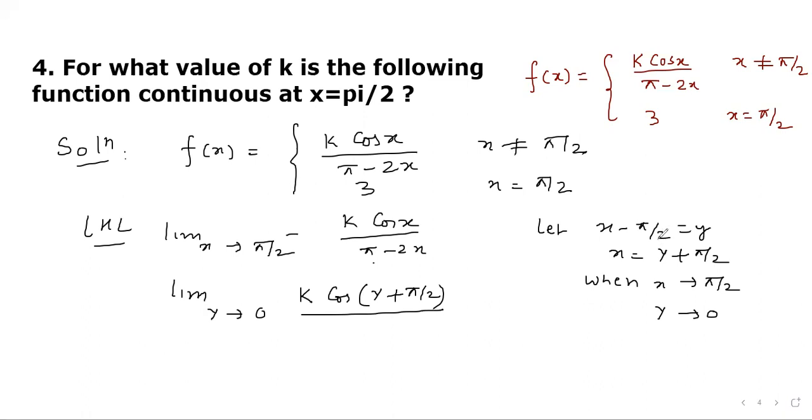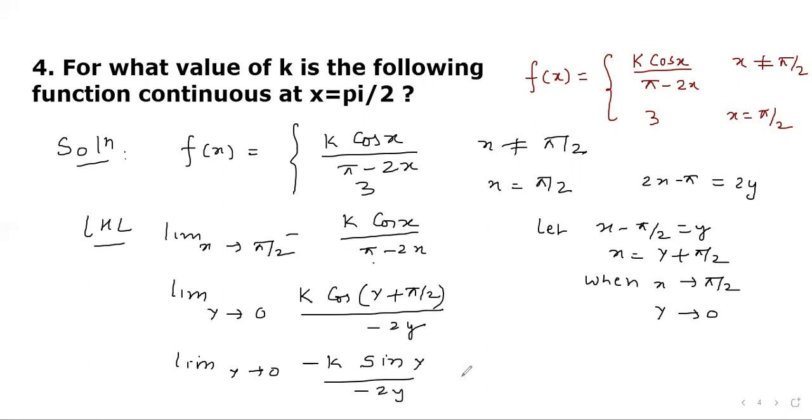If we multiply by 2, it will become 2x minus pi equal to 2y, so pi minus 2x means minus 2y. So limit y tends to 0, and cos of pi by 2 plus theta gets minus sine theta. So minus k sine y divided by minus 2y, which is equal to, the minus will cancel out, k by 2 into sine y upon y, that is k by 2.